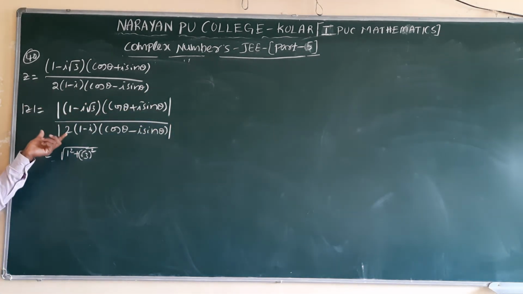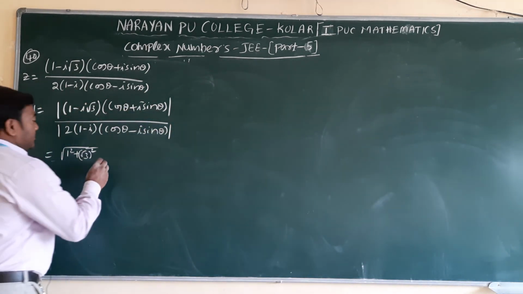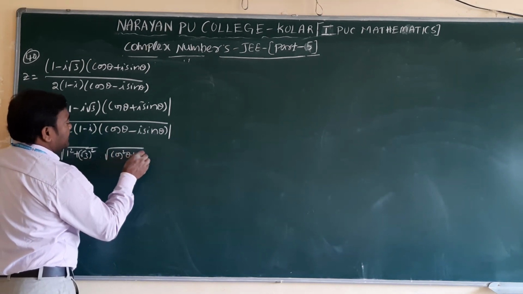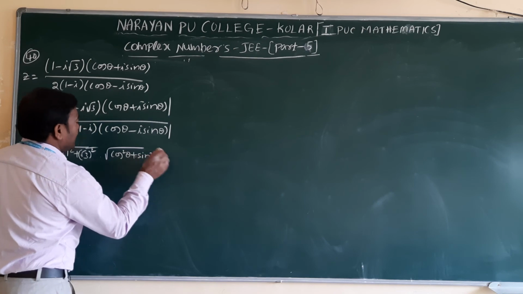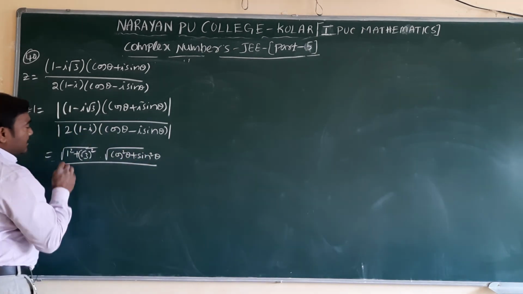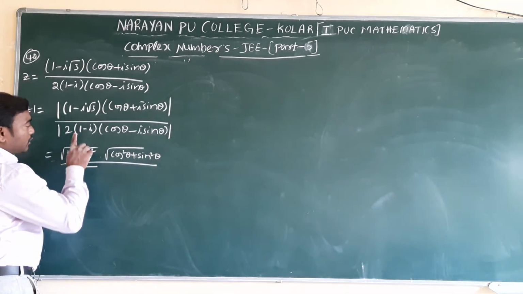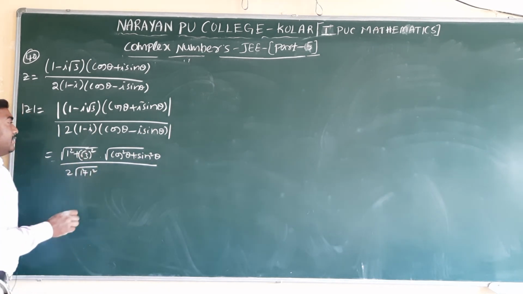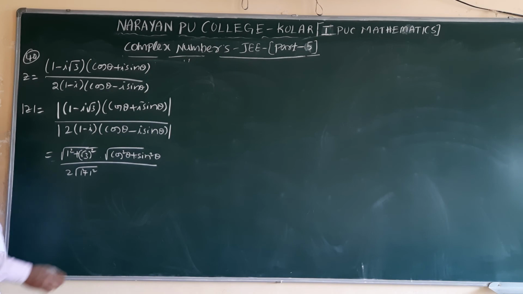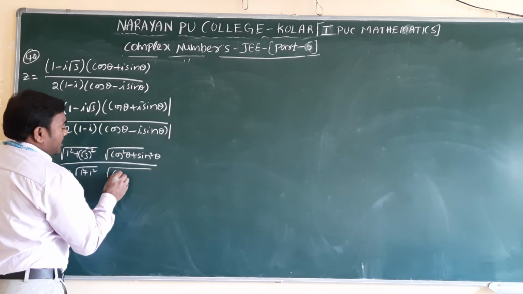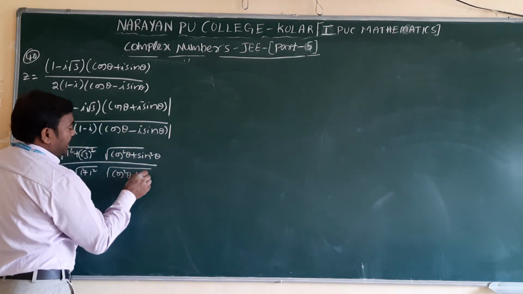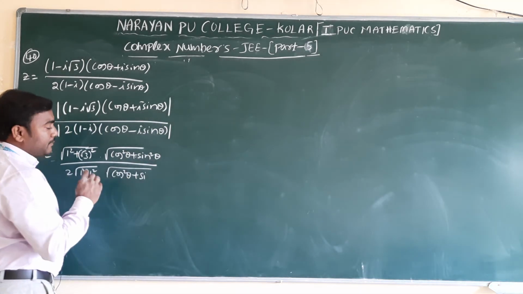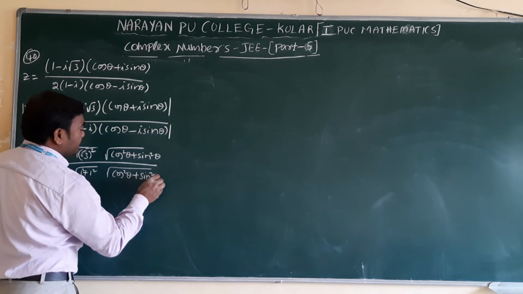We can apply directly: square root of cos square theta plus sin square theta, all divided by 2 into square root of 1 square plus 1 square, because minus 1 whole square we are getting 1 square, into square root of cos square theta plus minus sin theta whole square, we are getting plus sin square theta only.